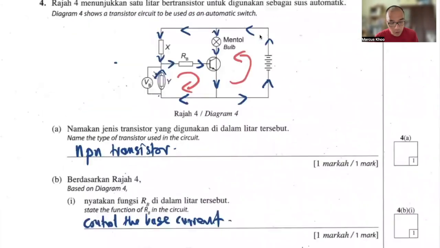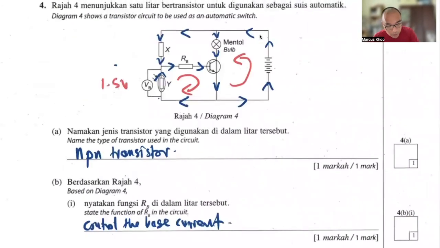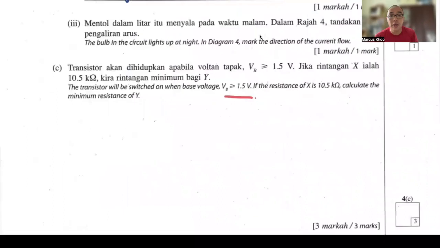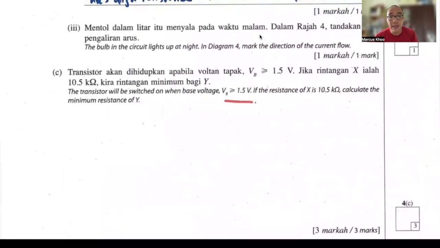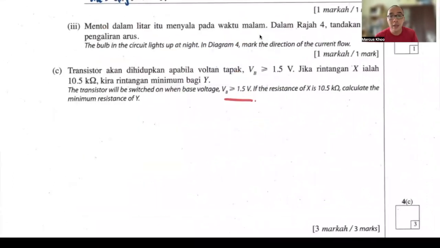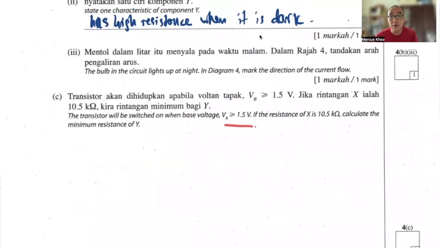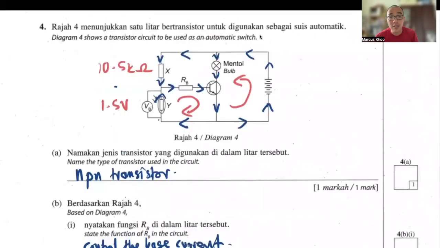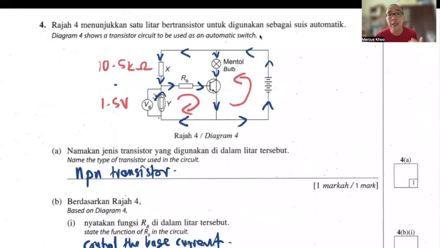So you need to have a base voltage of 1.5 volts over here. Now, if the resistance of X is 10.5 kilo ohms, calculate the minimum resistance of Y. When you look at this, our first impression should be that we're given a resistance of one and the voltage of the other.